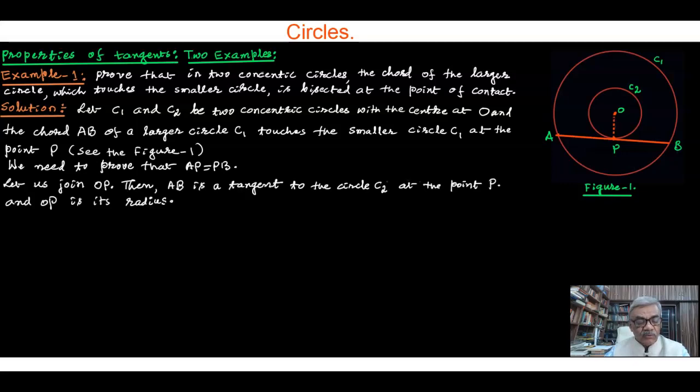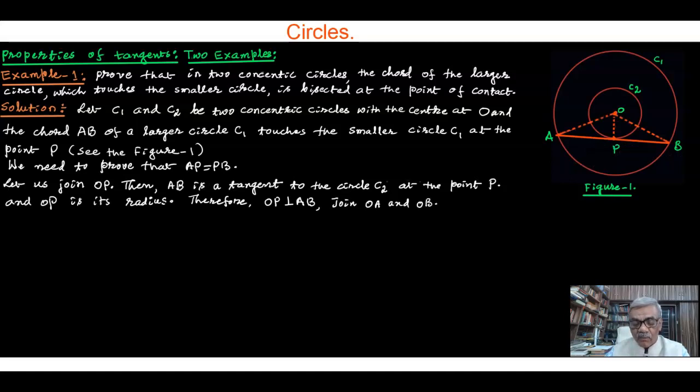Let us join OP. AB is a tangent to the circle C2 at the point P, and OP is its radius.